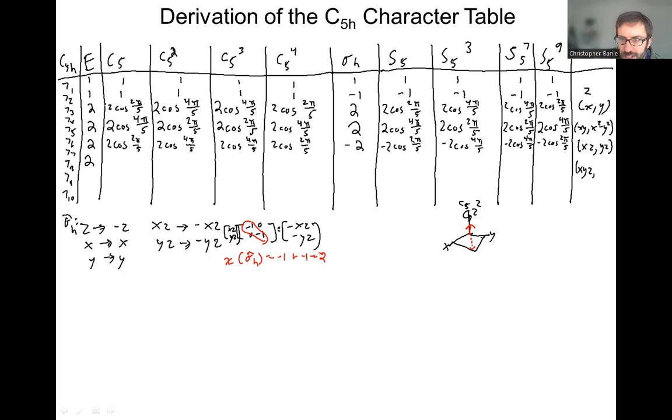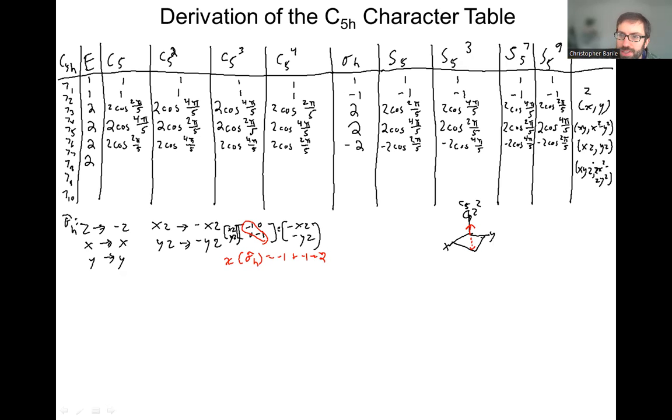It's telling us it's going to be a dimensionality of 2. And what is it going to be? xyz is going to transform as z times this. So xyz is going to transform with z(x squared minus y squared). It's a cubic function. Okay, these are f orbital functions.